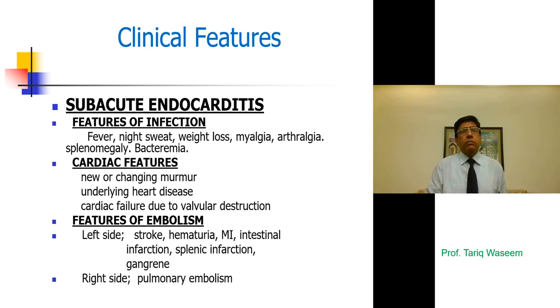There may already be a known history of a cardiac lesion, maybe a congenital lesion like VSD or patent ductus arteriosus, or a known rheumatic valvular involvement of the mitral or aortic valve.